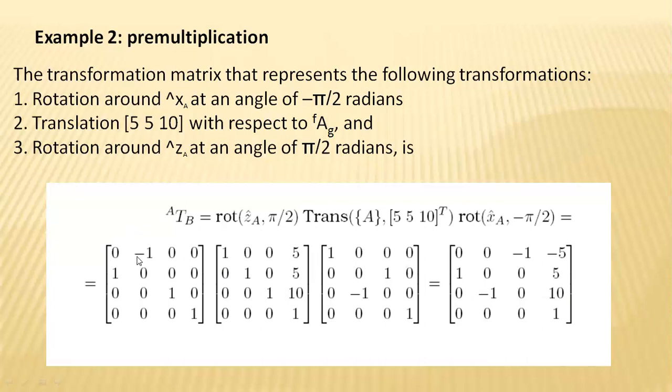See here, minus 1 towards the z alignment existing here, and from the base reference frame, the value of the end effector towards the x is minus 5.